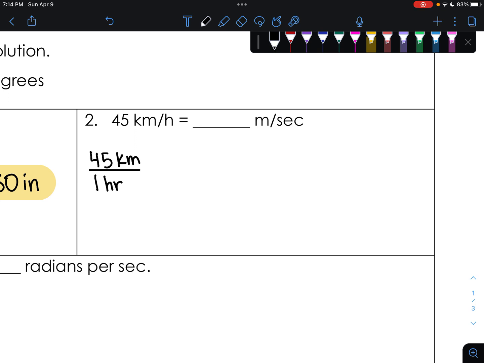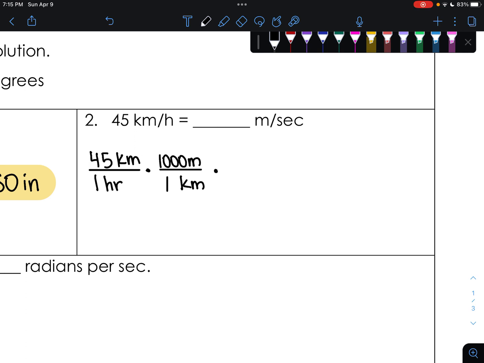So I'm going to start with going kilometers to meters. So I know I need to multiply it by something. And in order to cancel out my unit of kilometers, it has to be on bottom. So 1 kilometer is how many meters? Well, that would be 1,000 meters. That gives me enough to convert it to meters.